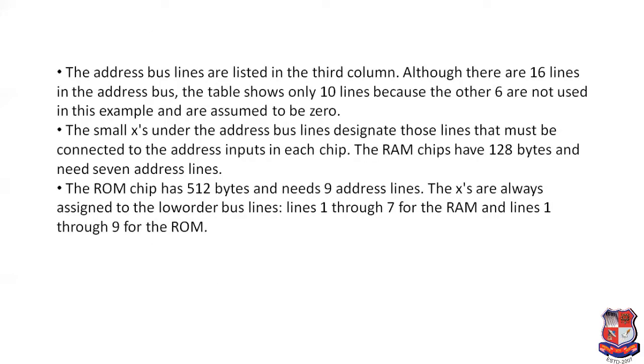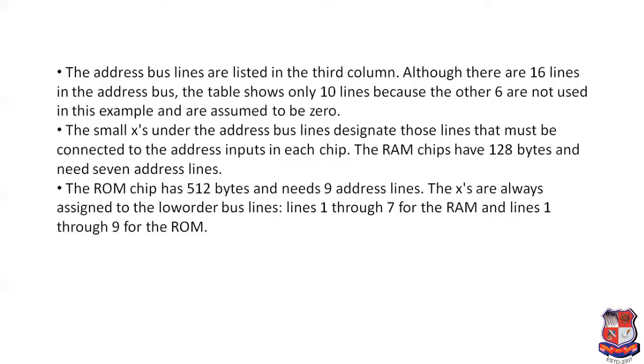Now, the address bus lines are listed in the third column. Although there are 16 lines in the address bus, the table shows only 10 lines because the other 6 are not used in this example and are assumed to be 0. The small x's under the address bus lines designate those lines that must be connected to the address inputs in each chip.